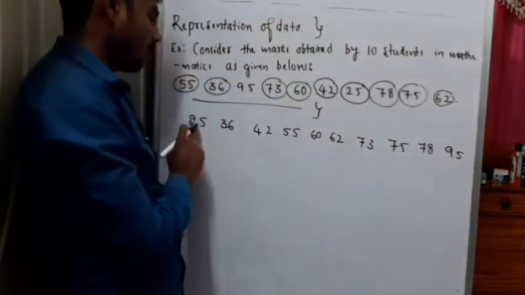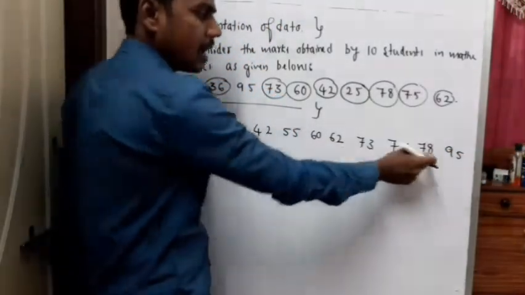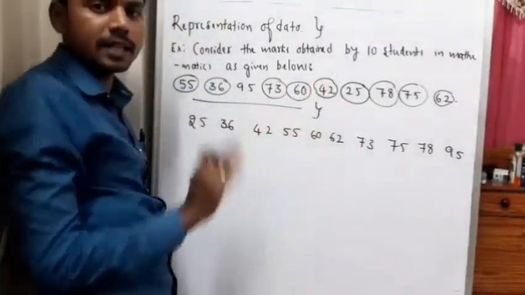So this is 1, 2, 3, 4, 5, 6, 7, 8, 9, 10. All the 10 data have been arranged in ascending order.